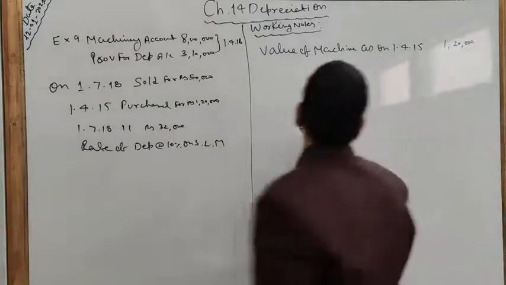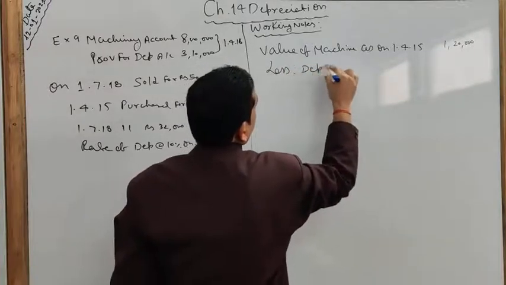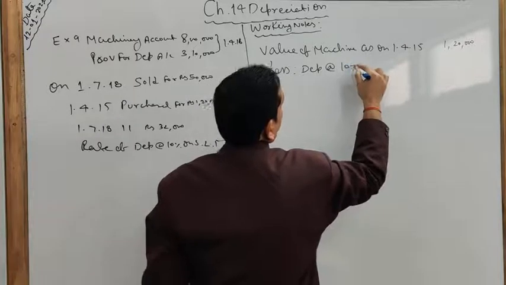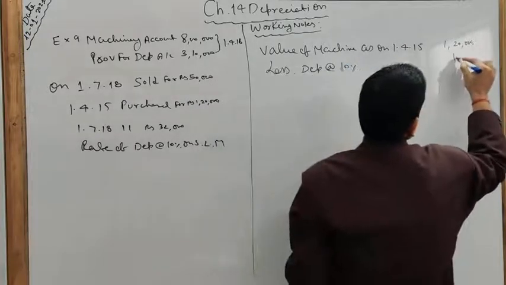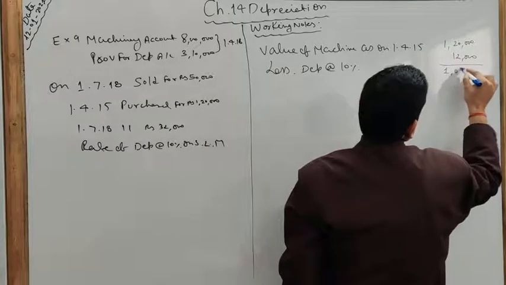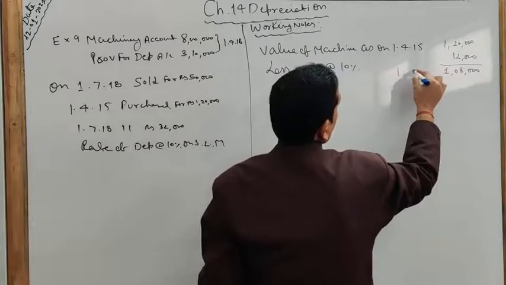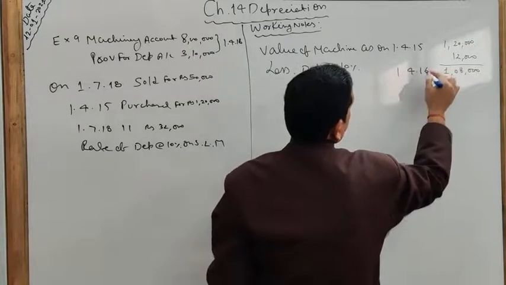Less depreciation at the rate 10%, that is 12,000. So that comes to 1,08,000. Now value of this machine as on 1/4/16.